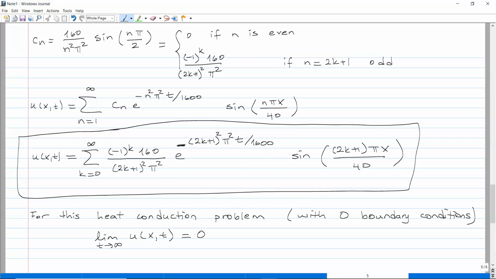And when you consider the physical situation, this is logical, because you keep the ends constant at 0. And the heat is escaping through the ends. So as time t goes to infinity, all the heat is going to escape through the ends. And since the ends are kept at constant temperature 0, the whole temperature of the rod at every point is going to be 0 eventually.